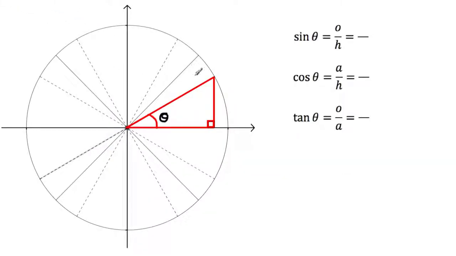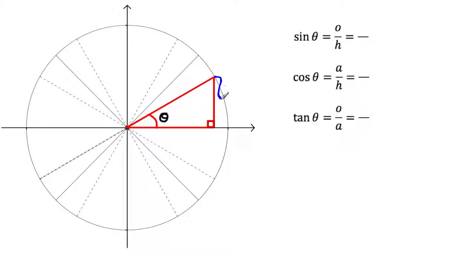And so we start by recognizing this. This is our unit circle. Here we have a line going from the center of the circle out to the edge of this circle. Then we dropped a line straight down to the x-axis.